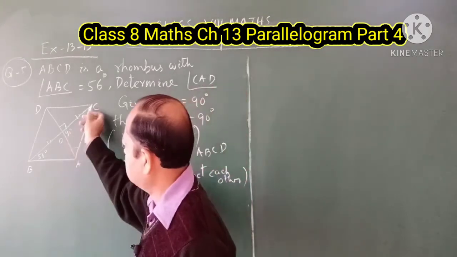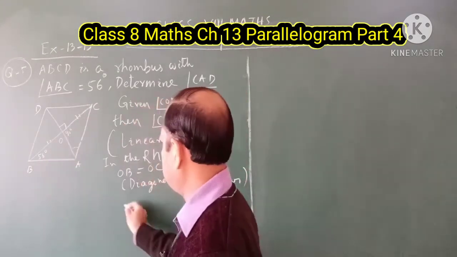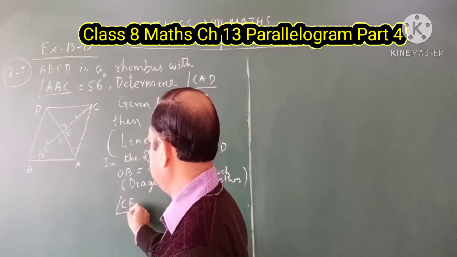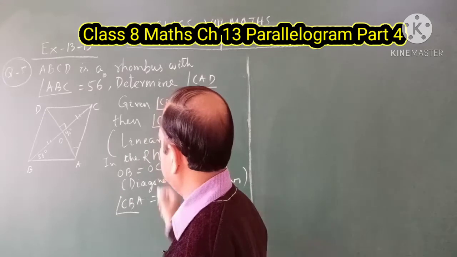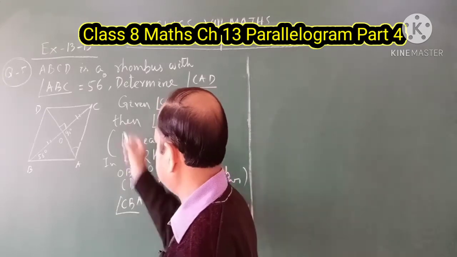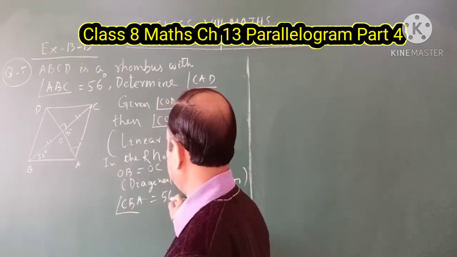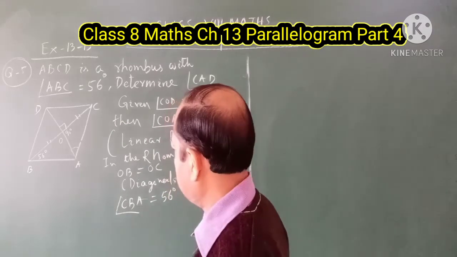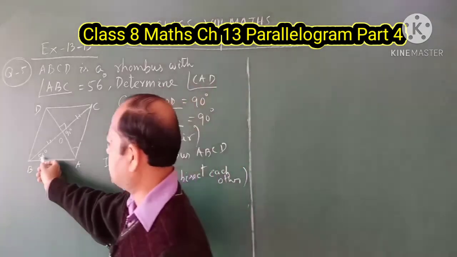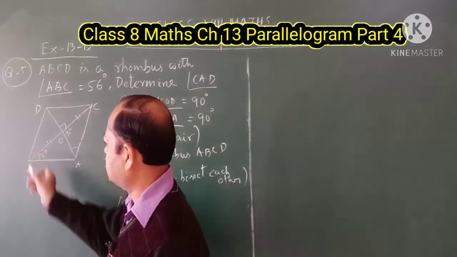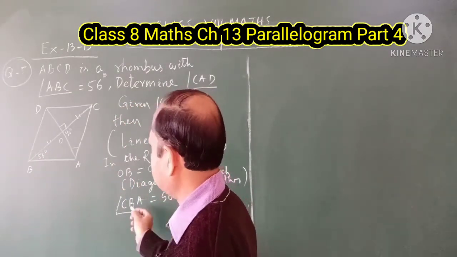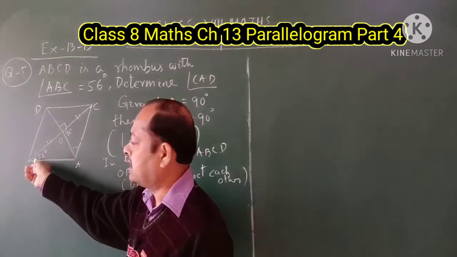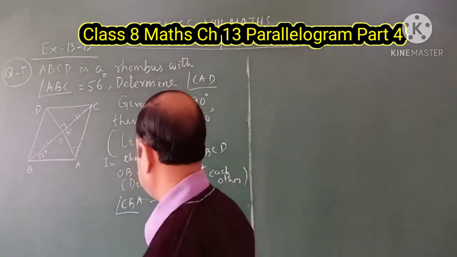And the angle CBA equal to how much? It is 56 degrees, already given. ABC and CBA both are the same, so 56 degrees is given. And if it is 56 degrees, then this also is 56 degrees. What is the reason? The reason is that diagonals bisect the interior angles of the rhombus.